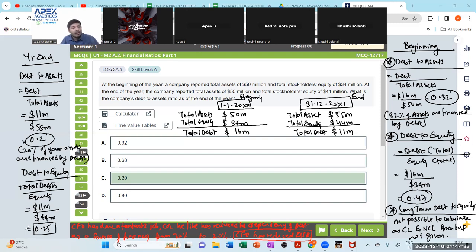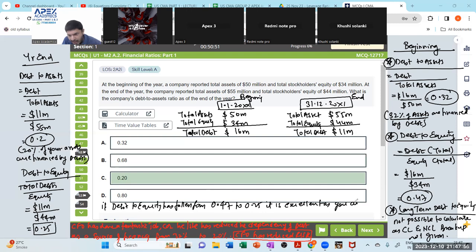It shows that you are doing business more with owned funds. So, if debt to equity has fallen from 0.47 to 0.25, it is not good, it is excellent.